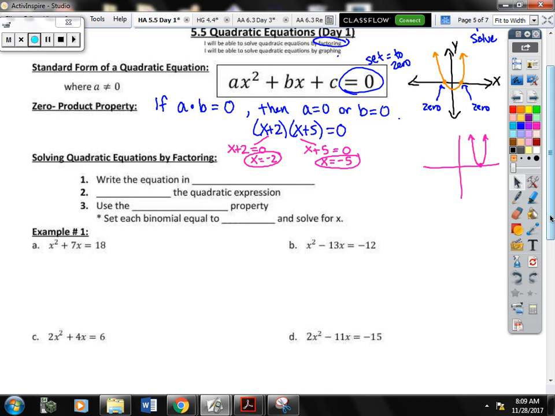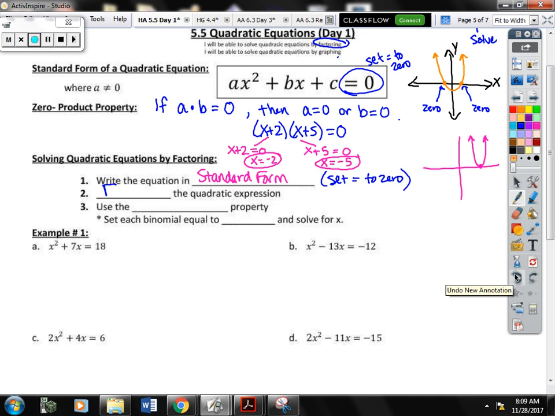All right, so steps to solve these things. First, we're going to get this in standard form, which means we want this set equal to 0. Then we're going to factor, just like we did before break, and we'll get it to look something like this.